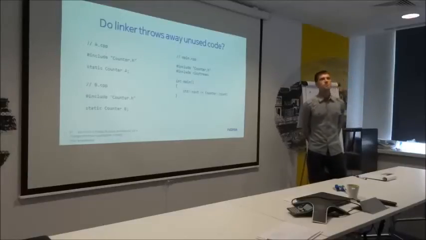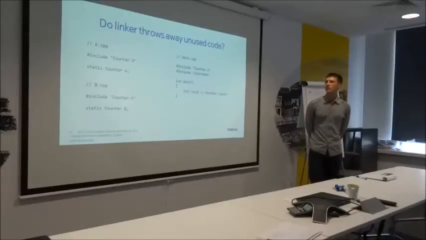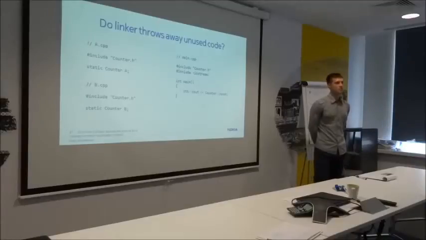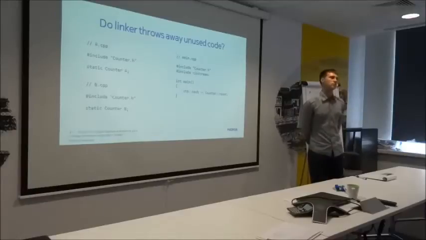Okay. Well, maybe I will say it in other words. Simply, the rule which the linker uses is the following: if inside an object file there is no referenced symbol, then this is a clear path to remove it from the binary.